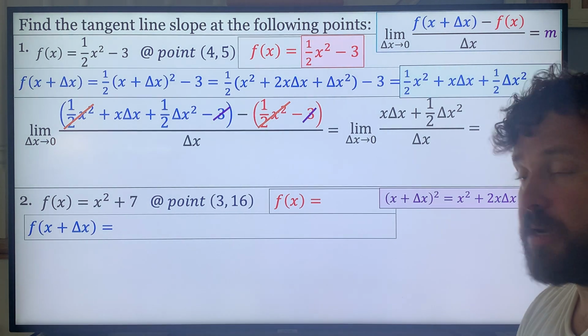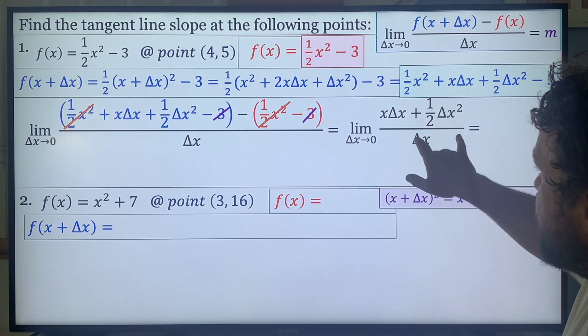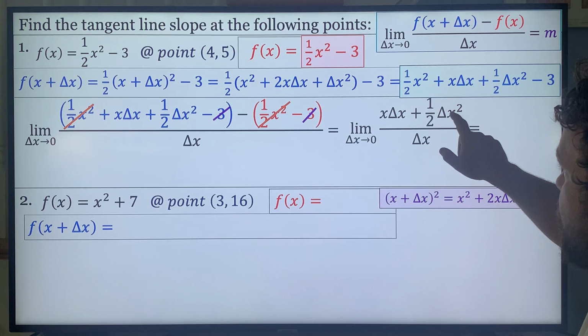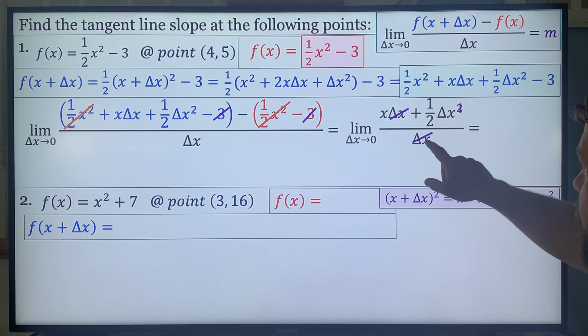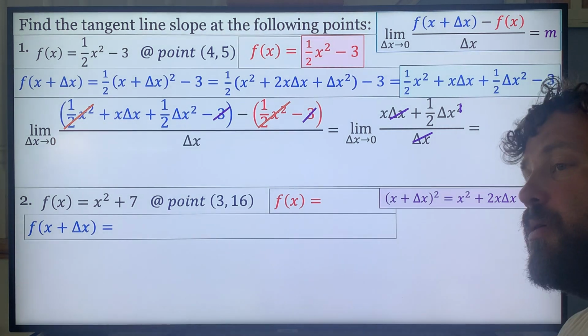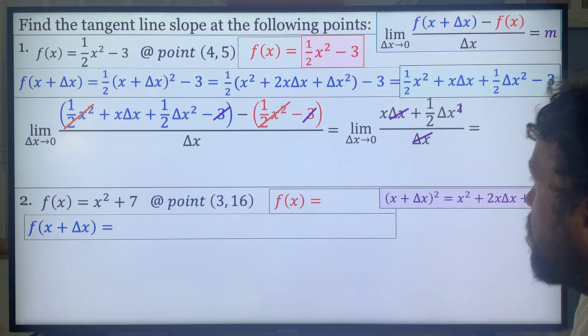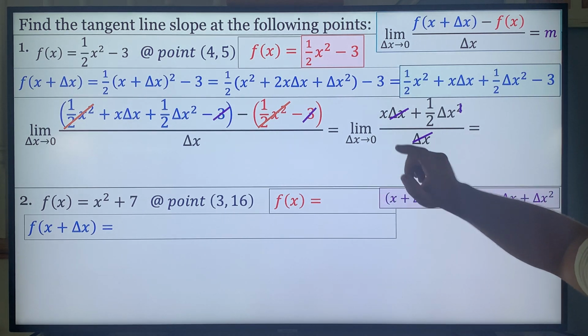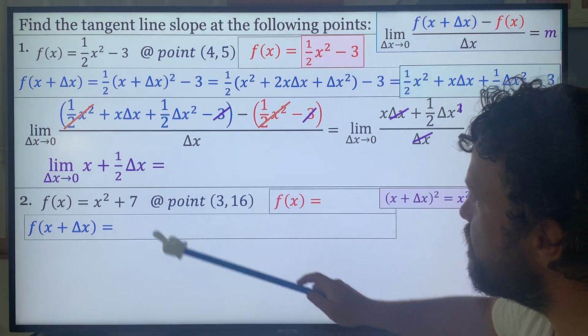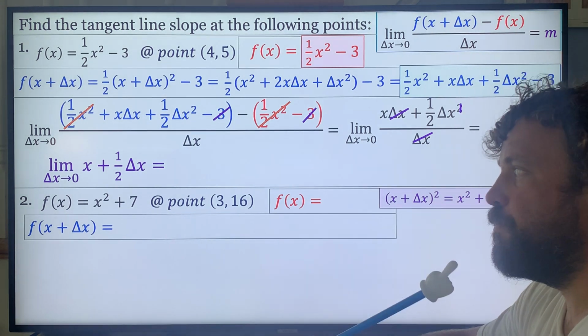Following still? Good. Now I can reduce this. I take one delta x out of each term, leaving just x, and 1/2 delta x, and the bottom becomes a 1, because it cancels out. The goal is to cancel out the delta x on the bottom. So now you're left with x times 1, which is x, plus 1/2 delta x.